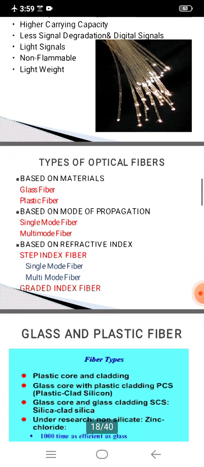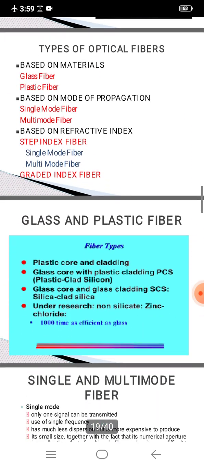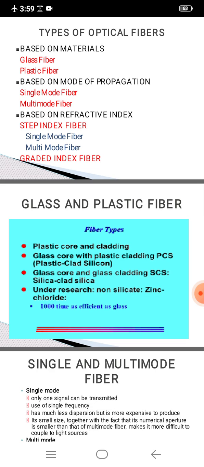Let us move on to the various types of optical fiber. In industry, they need different types of optical fiber. So based on the material, we can classify the optical fiber as glass fiber and plastic fiber. Then based on mode of propagation, the optical fibers are classified as single mode fiber and multimode fiber.